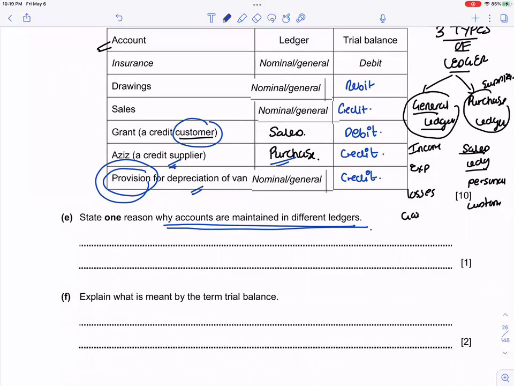Miss, so information is kept all together and it's easy to refer if anyone else wants to refer, like a third party. Okay, so that the work can be divided amongst people. This is the more appropriate reason.